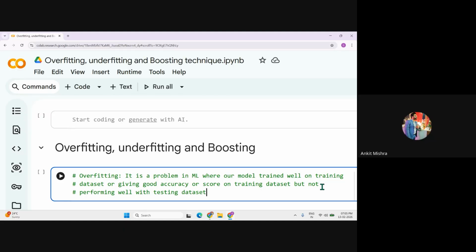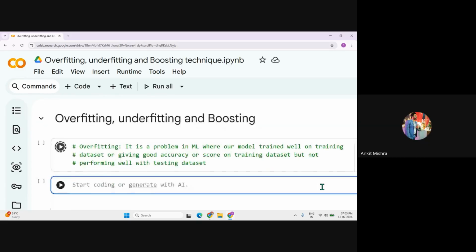It's like we have created a model, and the model was performing well on the training data set. Whatever data set we picked, we simply split the data into training and testing parts. Then we trained our model, right?